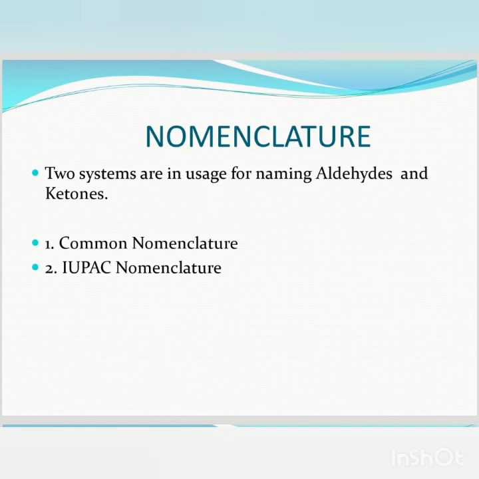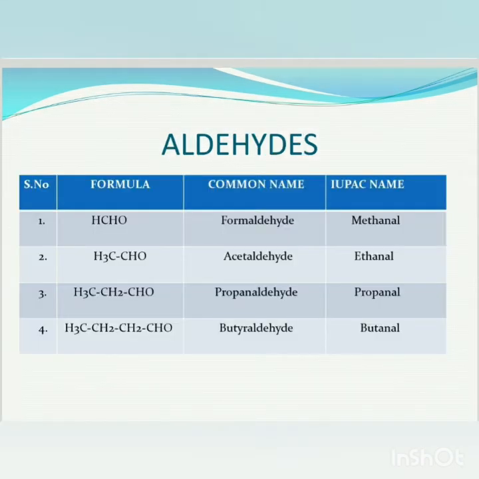So first is the nomenclature of aldehydes. In aldehyde nomenclature, there are two systems of naming aldehydes. Number one is the common system and second is the IUPAC system. In the common system, common names of aldehydes are derived from the names of corresponding carboxylic acids to which they are oxidized.